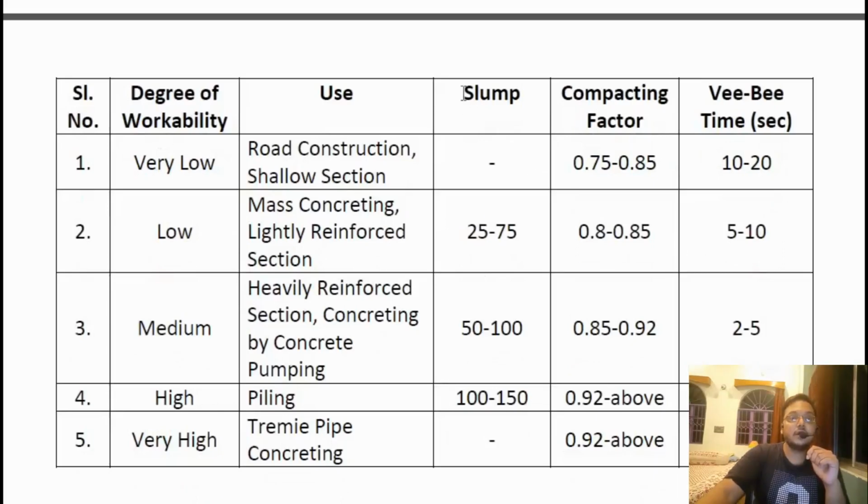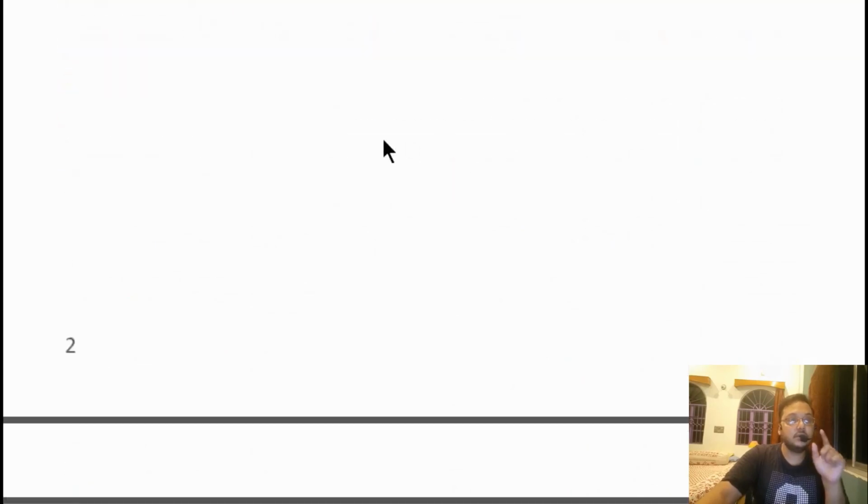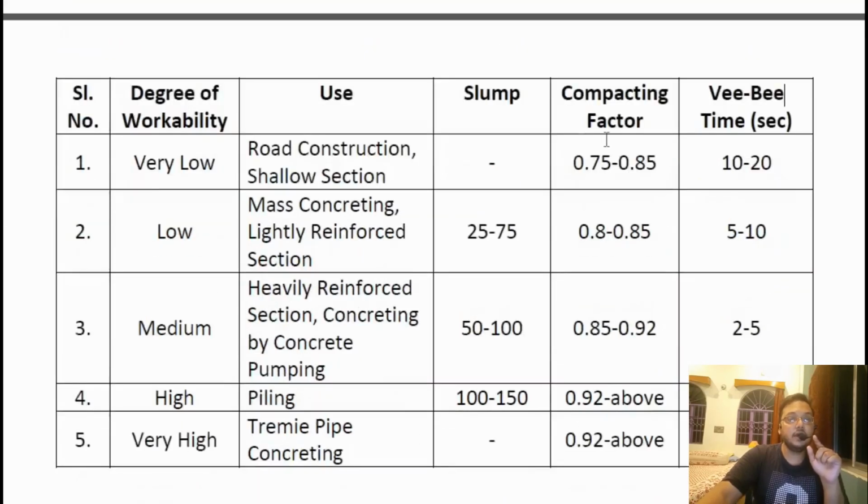For workability, we actually use three types of tests: the slump test, the compacting factor test, and the VB test. These three tests are used for the workability of the concrete, and they give us the idea how workable a particular concrete is.